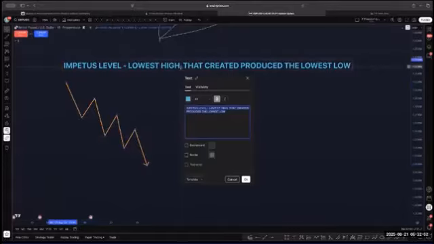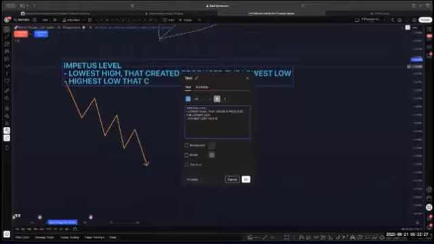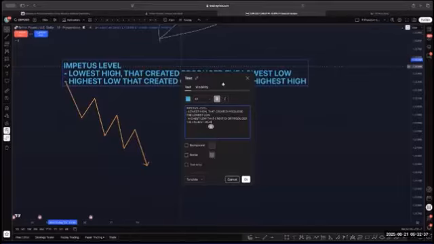Now, in an uptrend, okay, the impetus level is going to be the highest low that created or produced the highest high. Okay.